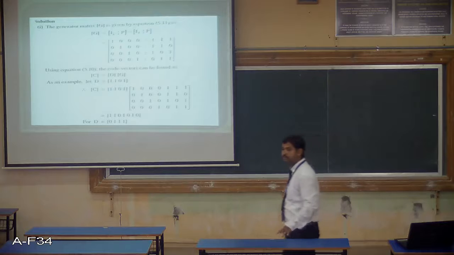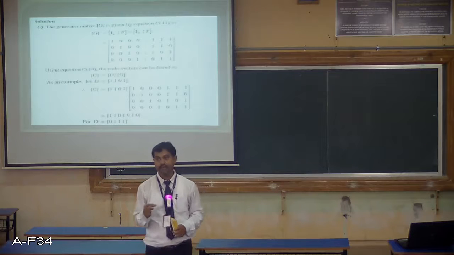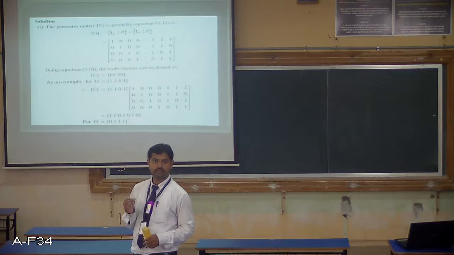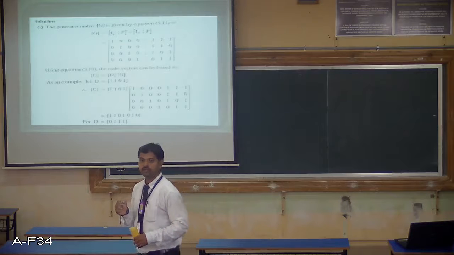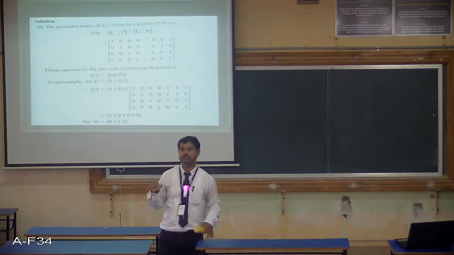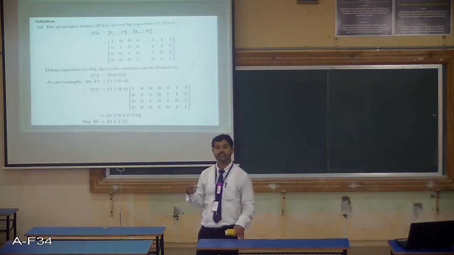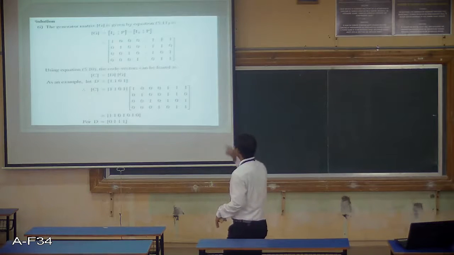First, you find the generator matrix of order k, where k is 4, that is I4, followed by the parity matrix of order n minus k. So 7 minus 4, it's 3. So the parity matrix has 3 columns.